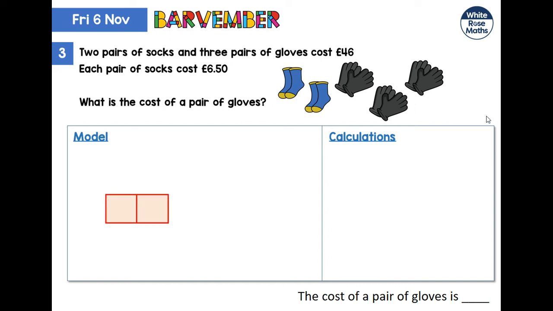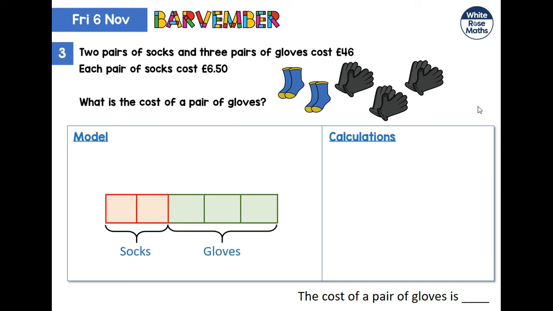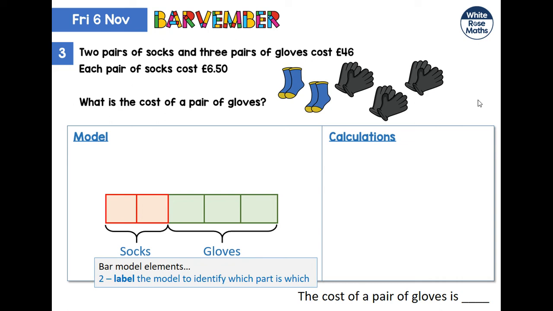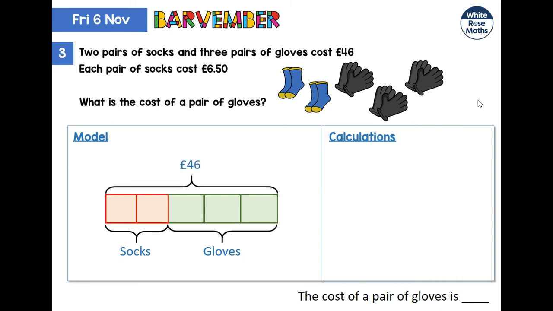So there are my 2 pairs of socks, and here are my 3 pairs of gloves. And the 2 red parts are equal and the 3 green parts are equal, but the red and the green parts are different from one another. Now we know that the socks cost £6.50, and we know that the total is £46.